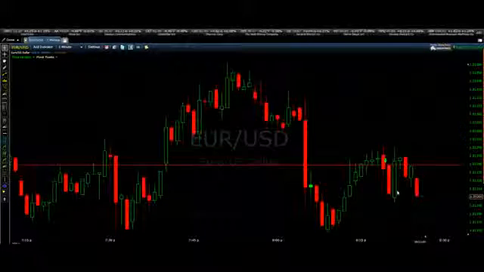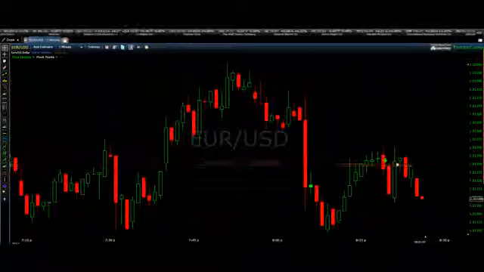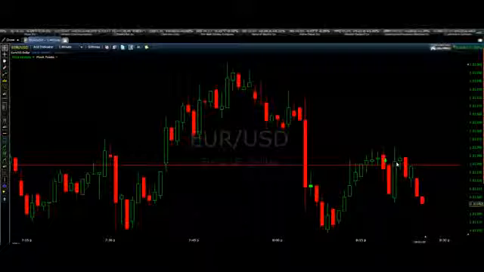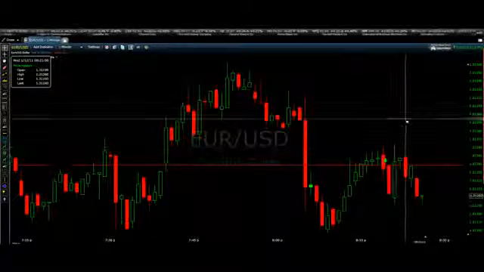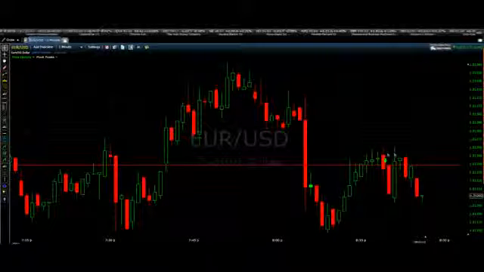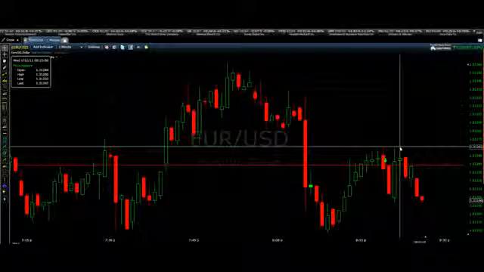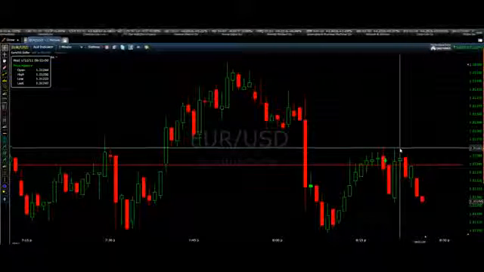Now as soon as it comes back up and retraces back over this candle, many traders will think, hey, this was a mistake, it's probably going to go up again. However, it's a fake out, because if it does not close over the top of this candle, that means it's likely to continue down.